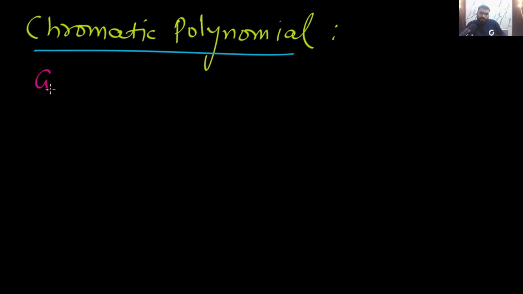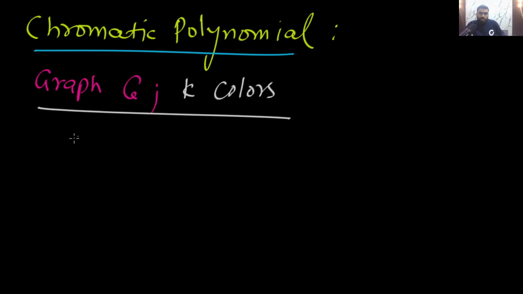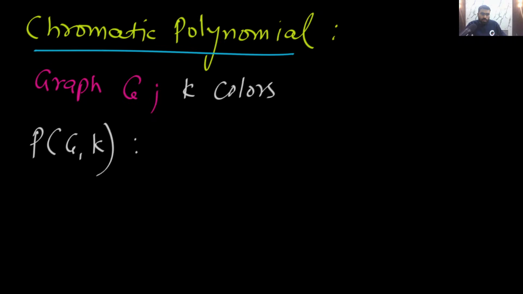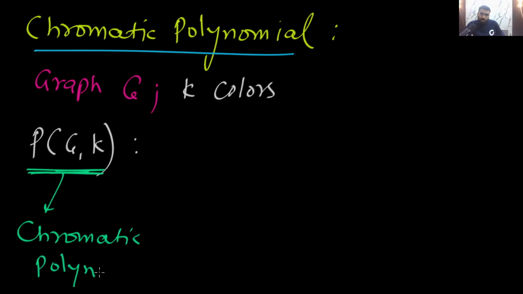If you have a graph G and k colors, then there is something called P(G, k). We call it the chromatic polynomial.